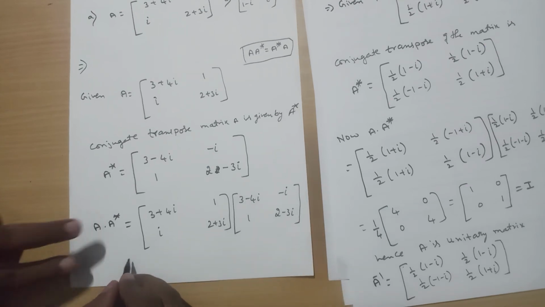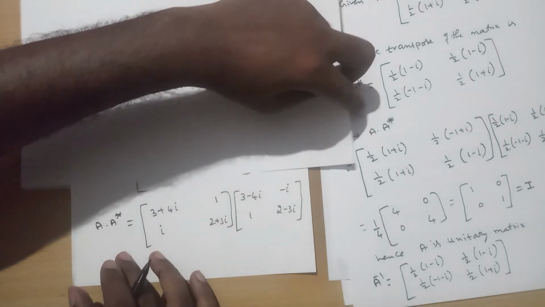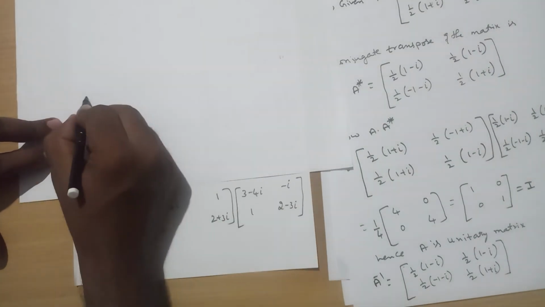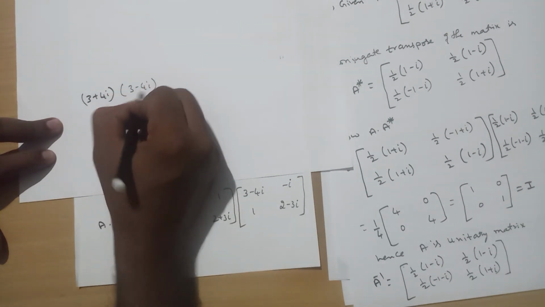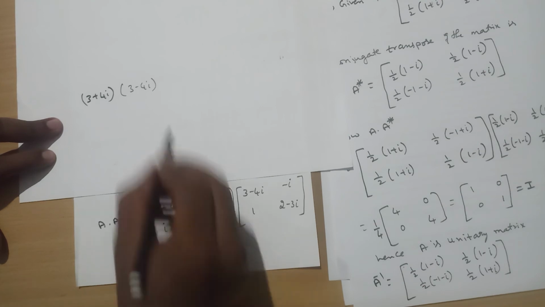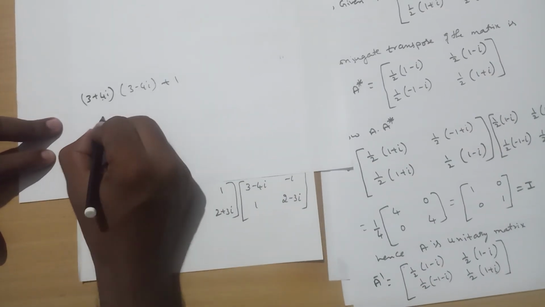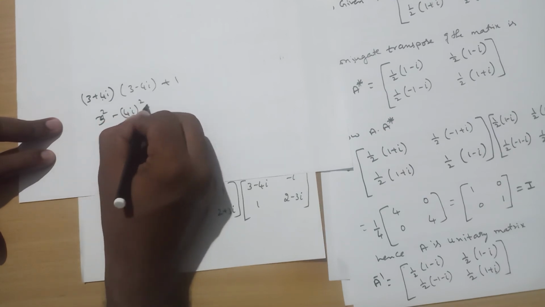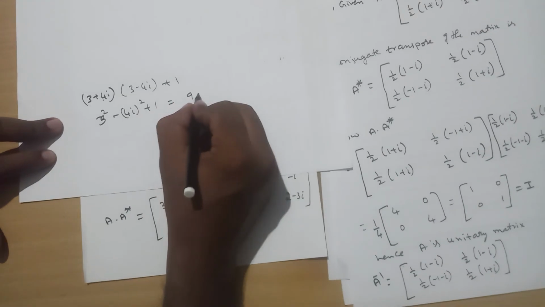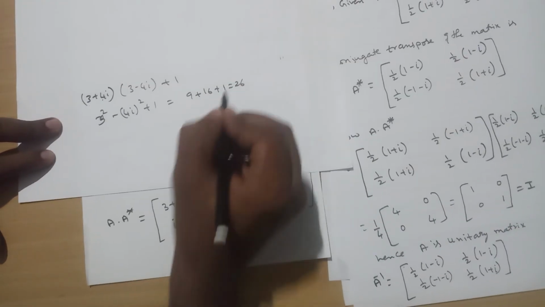So if you multiply, cross multiply, what do you get here? 3 plus 4i into 3 minus 4i, plus 1 into 1. So (a plus b)(a minus b): 3 square minus (4i) whole square plus 1. So 9 plus 16 plus 1, we get 26.